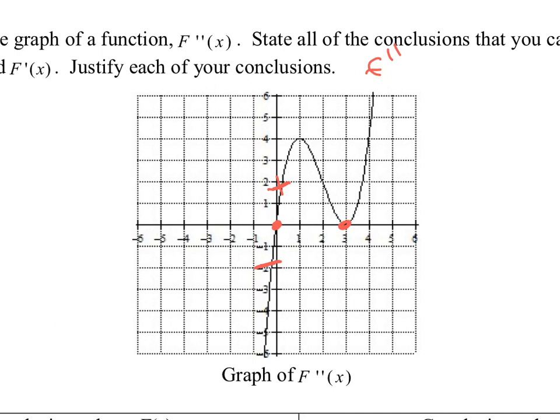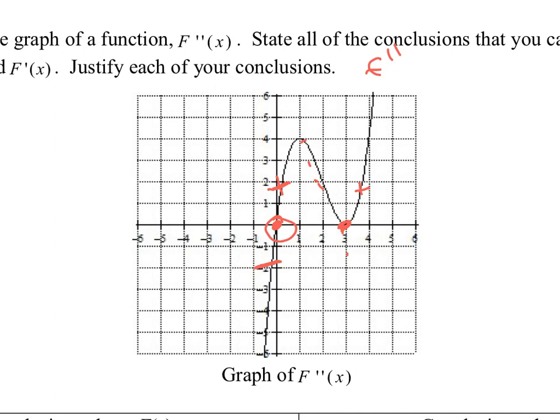So that told me there was a change of concavity on the regular function. Then it's still positive until it gets to here again. The second derivative became 0, but it's still positive. It never crossed. So this is not a point of inflection. This was a possible point of inflection on the regular function.